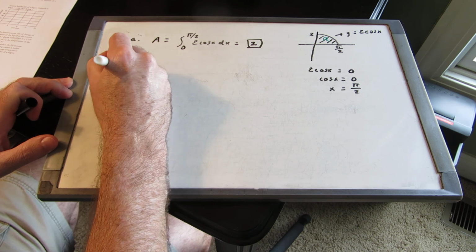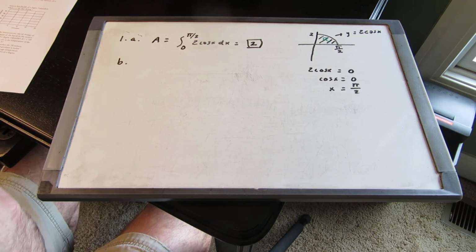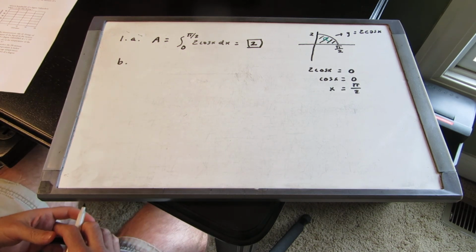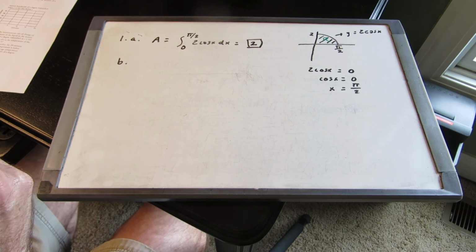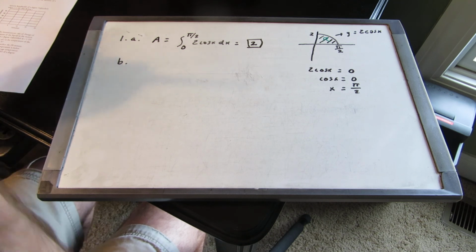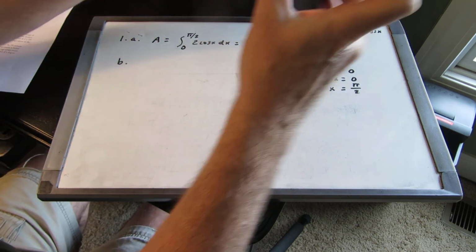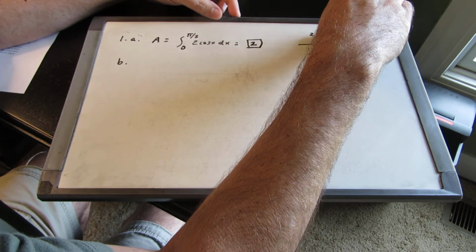Part B says if the line x equals a divides the region into 2 regions of equal area, find a. So I'm going to go back to this.